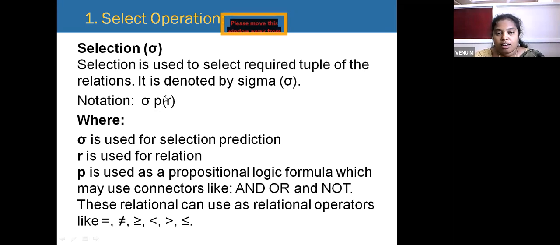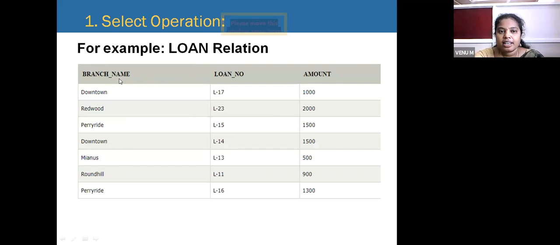What operators are used for the condition? Equal to, not equal to, less than or equal to, greater than or equal to. These are the relational operators that can be used for the condition. Take one example: the loan relation.